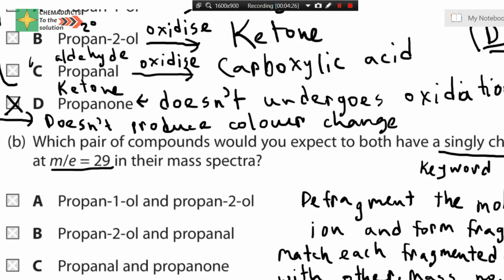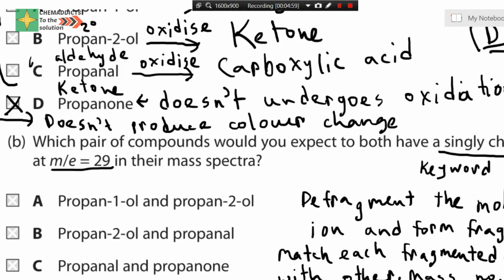Since there is one singly charged peak at 29, both of the fragmented molecules would be at this peak. That is why we're gonna match each fragmented molecule's mass number with other.